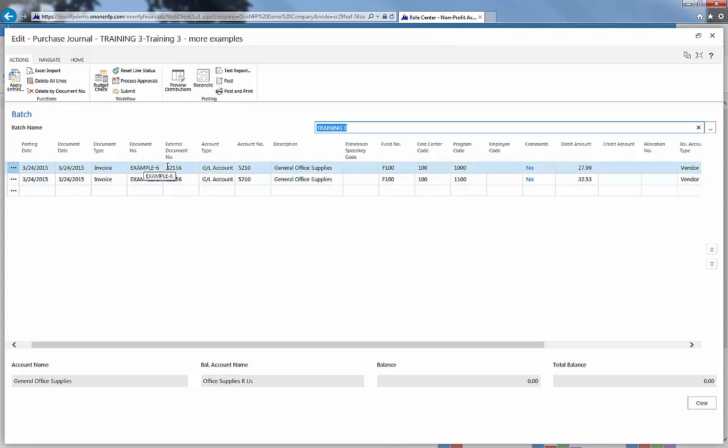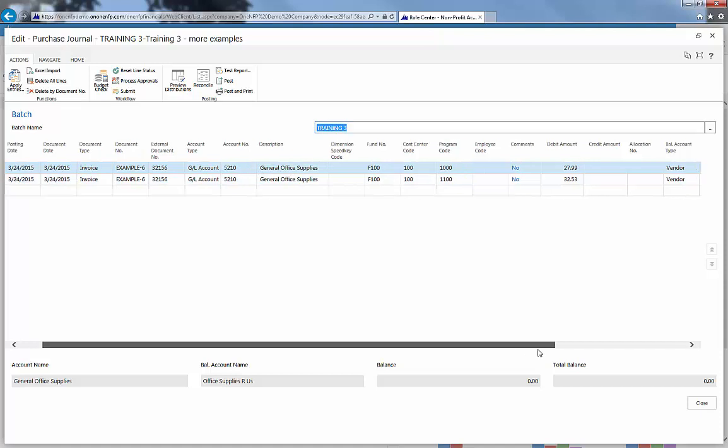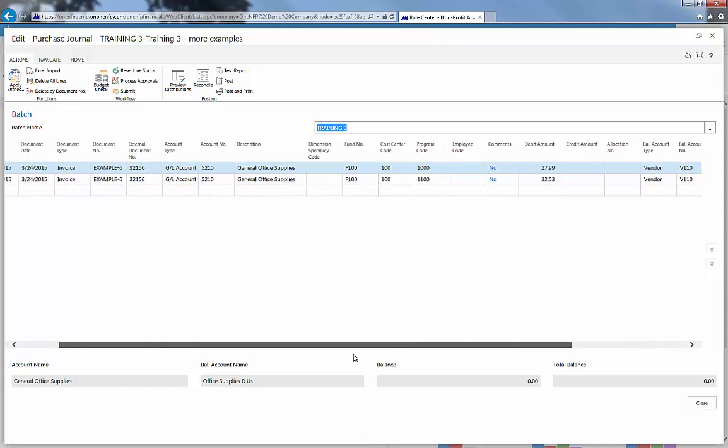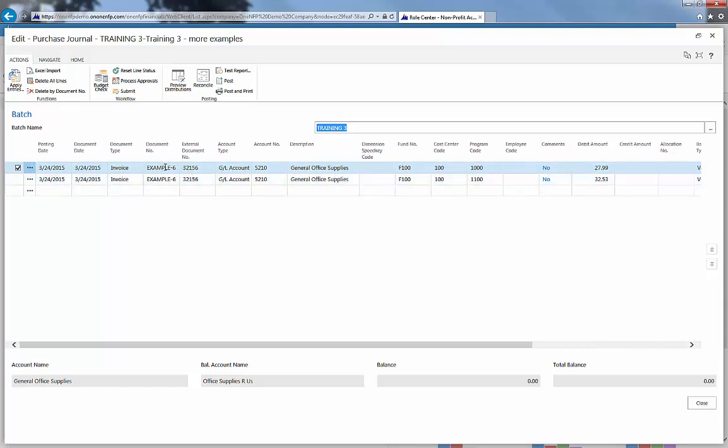Example 6. As we saw before, I'm purchasing some office supplies. This time I have the vendor selected in the balance account information. If we scroll back over here, the software will look at this first line as a complete entry. We have the document number, we have the expense account, we have the balance information. That's complete.